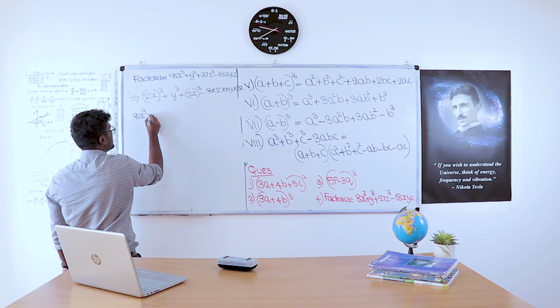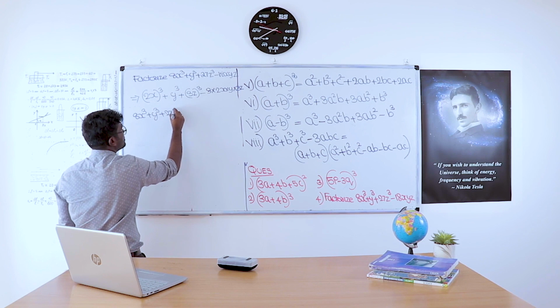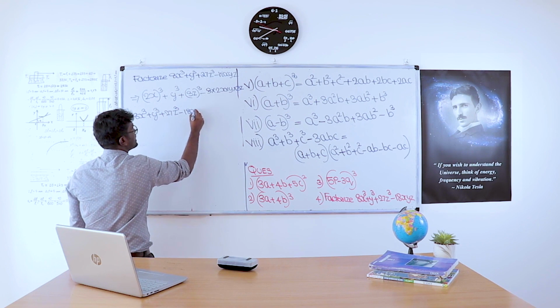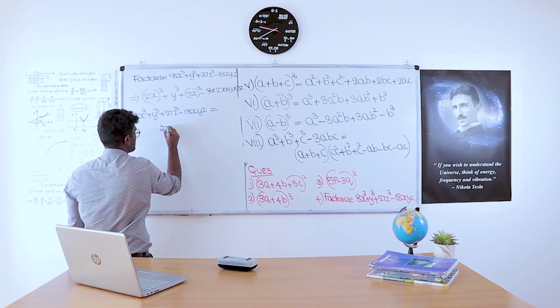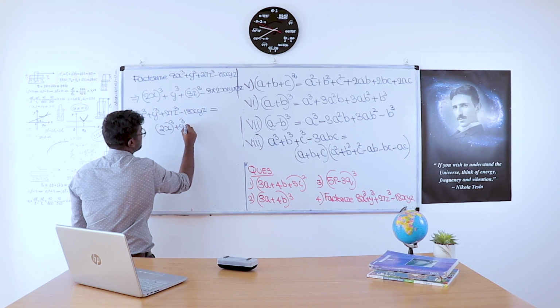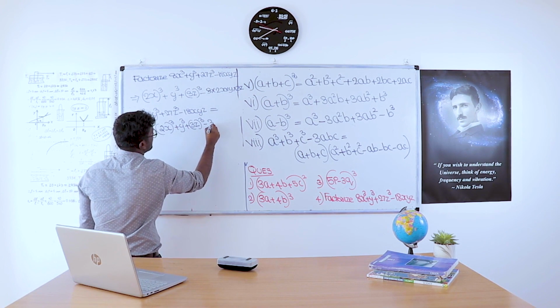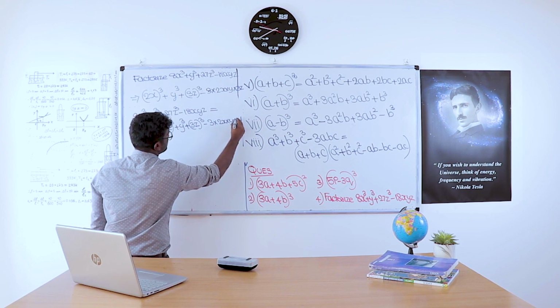That is 8x cube plus y cube plus 27z cube minus 18xyz, which can be written in the format (2x) the whole cube plus y cube plus (3z) the whole cube minus 3 into 2x into y into 3z.